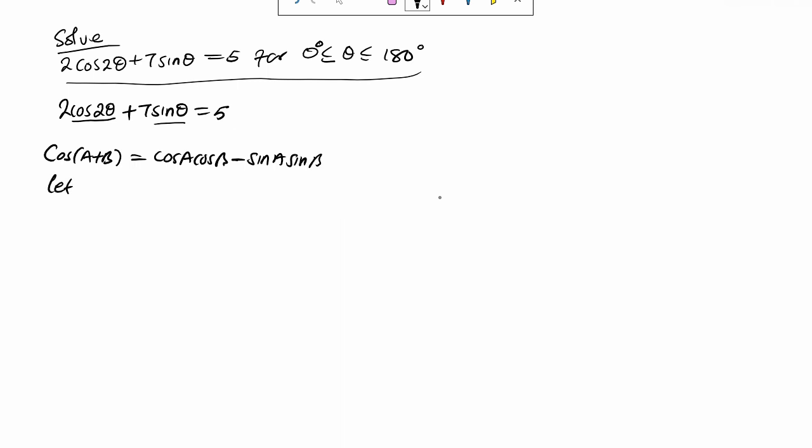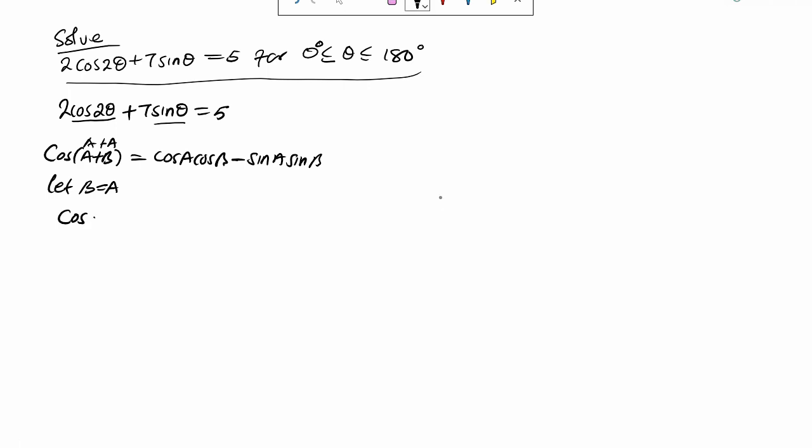Now if we let B equals A, then what we shall have here is cos A plus A, and A plus A we know is 2A.